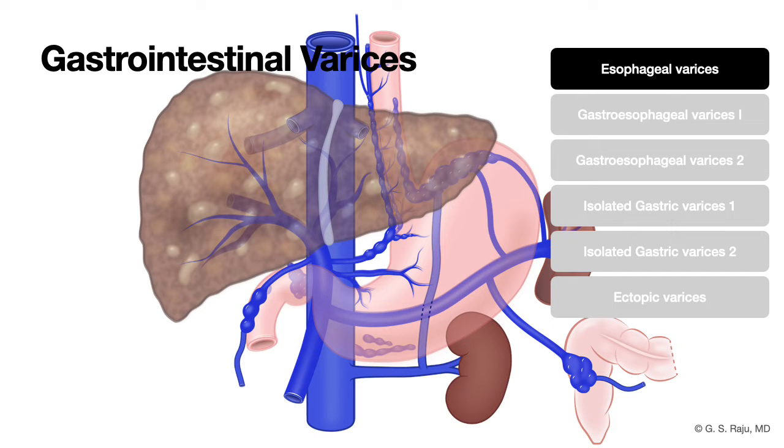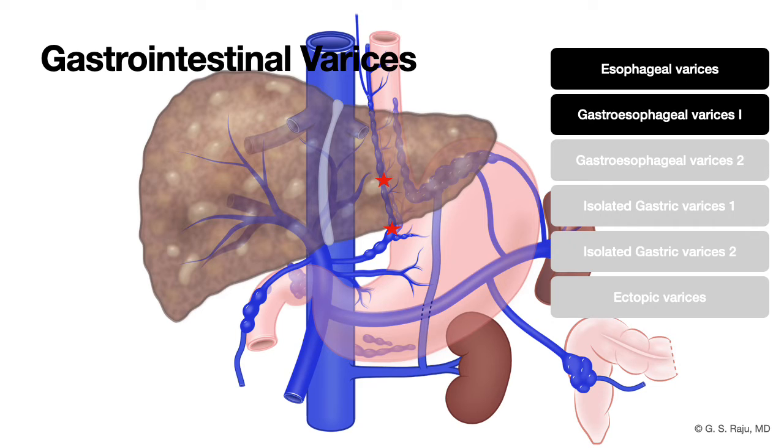Gastroesophageal varices 1, or GOV1 varices. These are esophageal varices that extend along the lesser curve of the stomach.